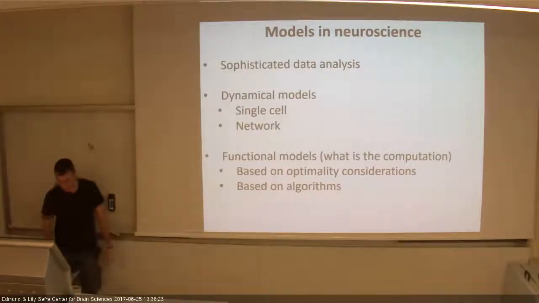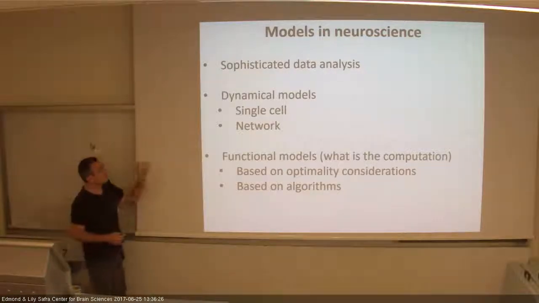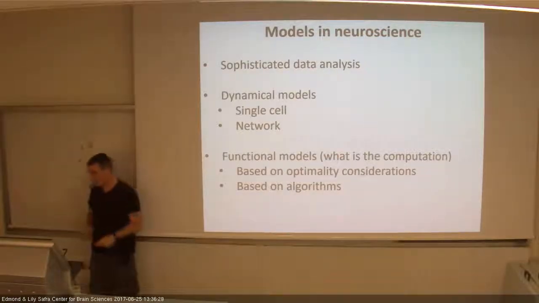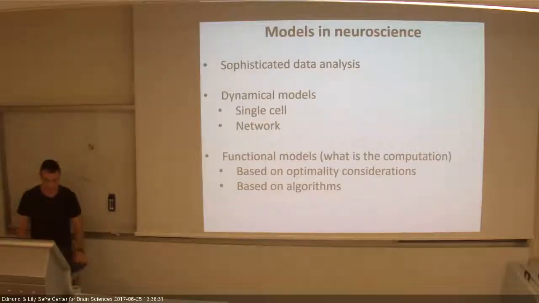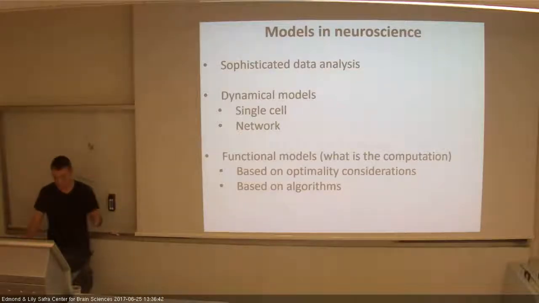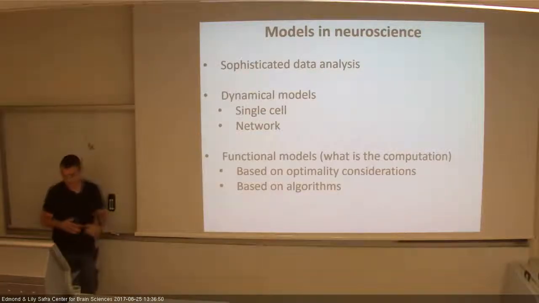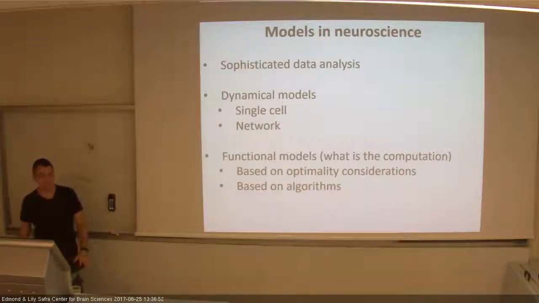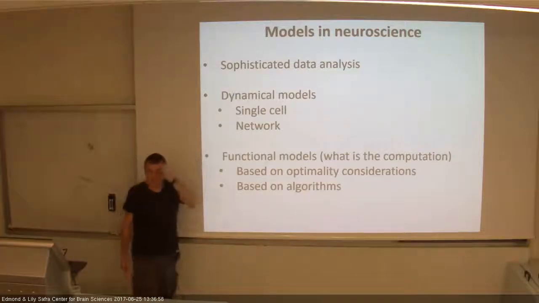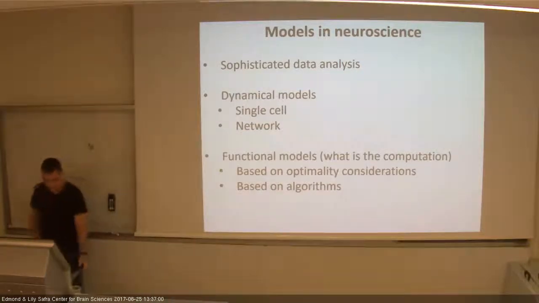So when we talk about dynamical models, in some sense, explaining the cortex or explaining an action potential is not fundamentally different from understanding the spatiotemporal structure of radiation coming from the sun. This is a dynamical system. It has particular properties, and we're trying to understand these properties. So this is part of, let's call it normal science, or maybe science.